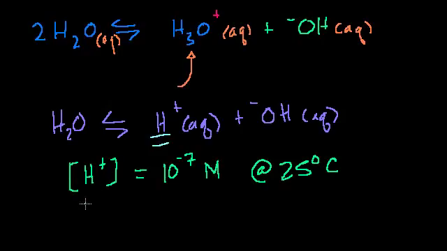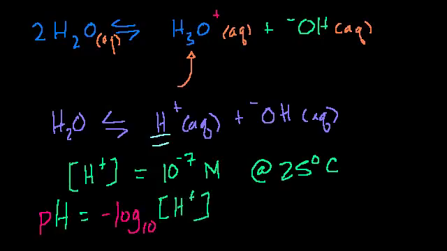And then we even said, chemists for whatever reason don't like dealing with negative exponents. So they defined the pH as equal to the minus log base 10 of your hydrogen concentration. And of course, that's equal to minus log base 10 of 10 to the minus 7 for pure water at 25 degrees, which is equal to 7.